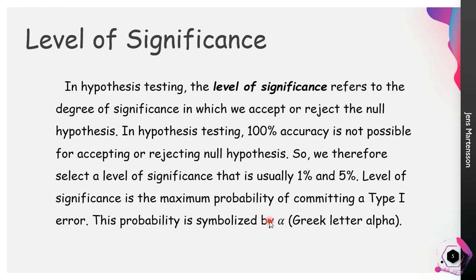If hindi nyo po makikita sa word problem yung word na level of significance, hanapin nyo lang po itong Greek letter na ito. And ito na po yung magsasabi sa inyo na itong number na to or itong percentage na to, siya yung level of significance. Okay? Again, this is alpha.